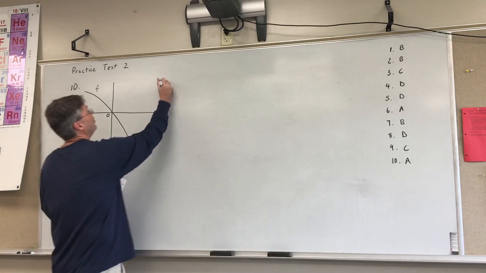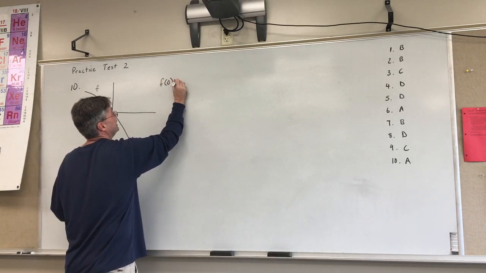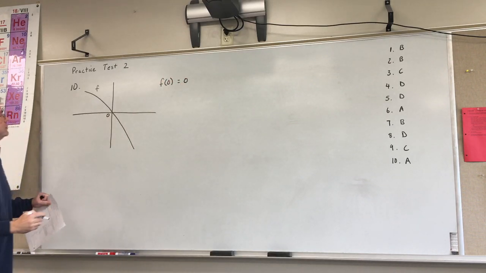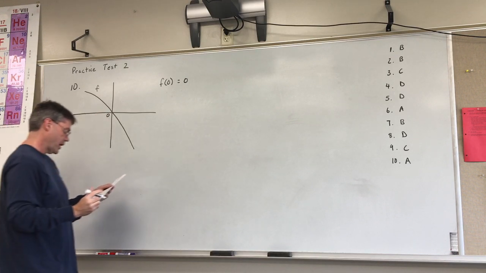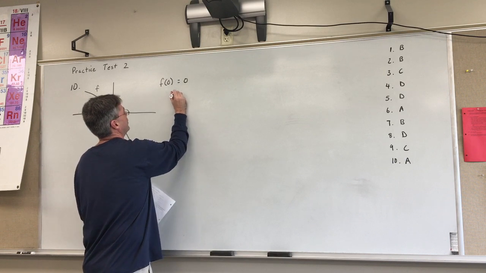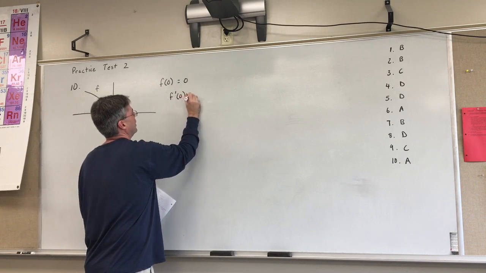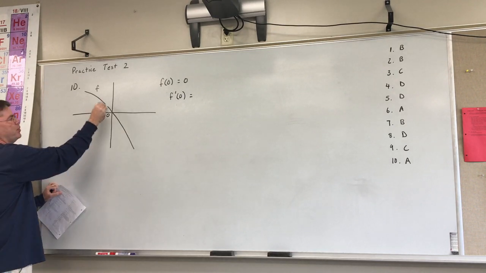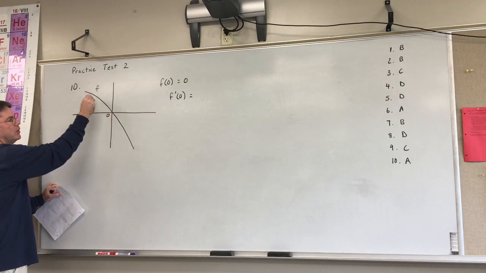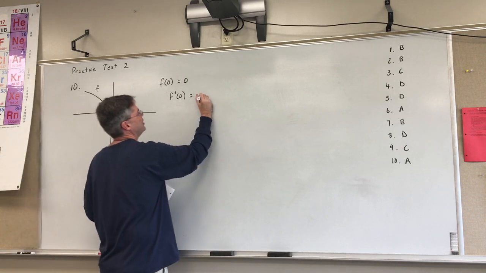F of 0, well, we know that f of 0 is equal to 0. You can just look at the graph. When x is 0, y is 0. How about f prime of 0? Well, f prime of 0 is the slope of the tangent line at 0. The slope of the tangent line at 0 is negative.